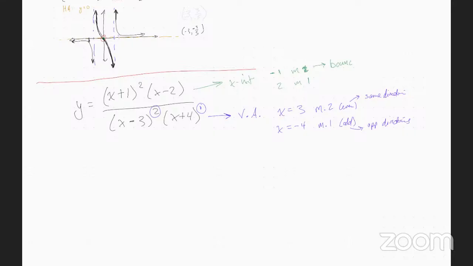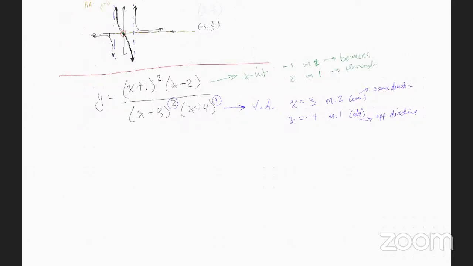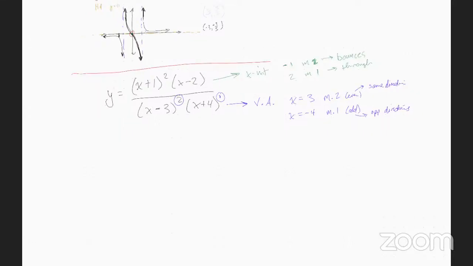So when I'm graphing these things, if I understand the concept of multiplicity, both for zeros and for asymptotes, it makes my graphing a lot easier. So my asymptotes would be at 3 and -4, right here and here.